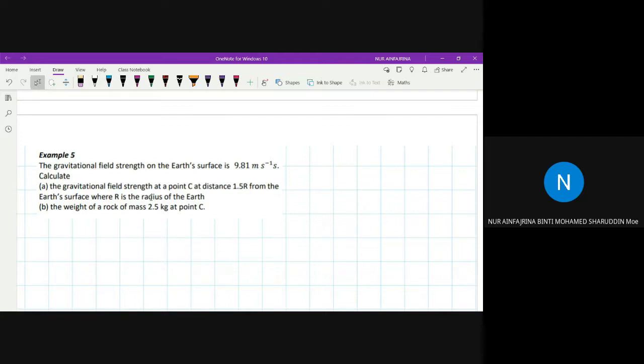Okay, once you guys are done with example 5, please press 1 dekat chat ya.